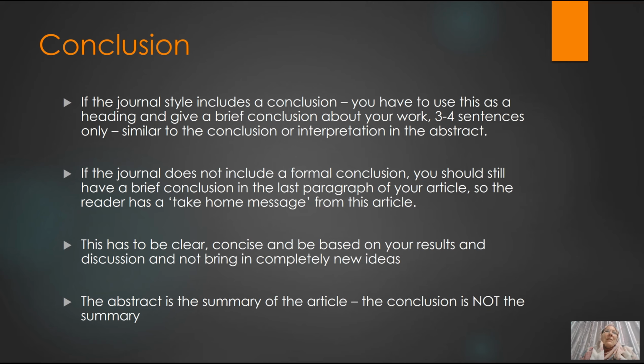This concluding paragraph should consist of 3 to 4 sentences with your main findings and main points that you want to put across and show with this article. And this should be the take-home message for the reader. So it is very important to be very concise and very clear in this concluding paragraph.